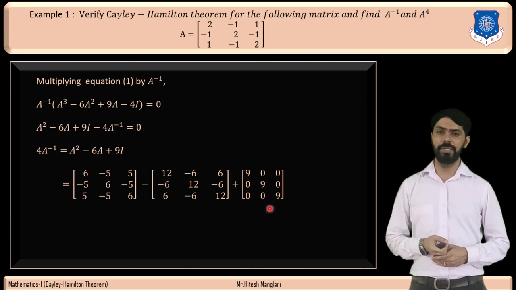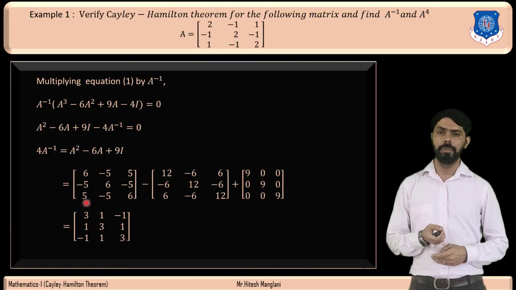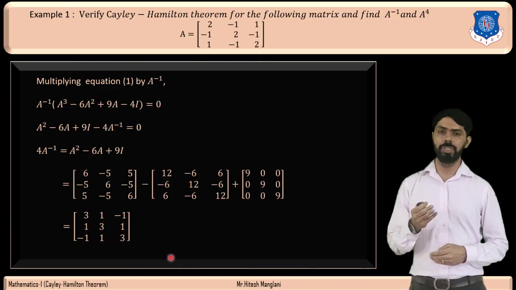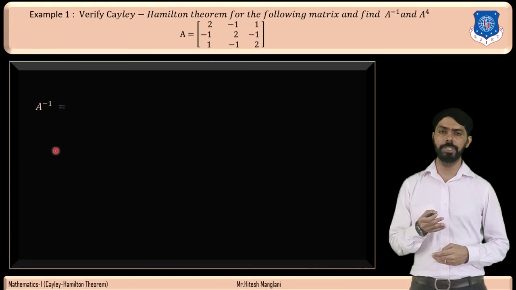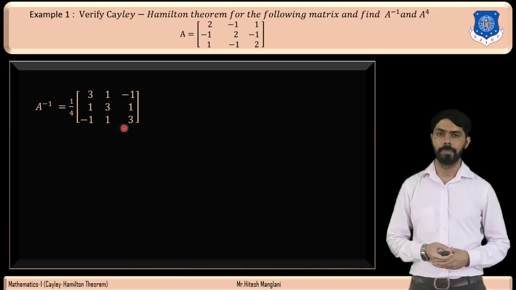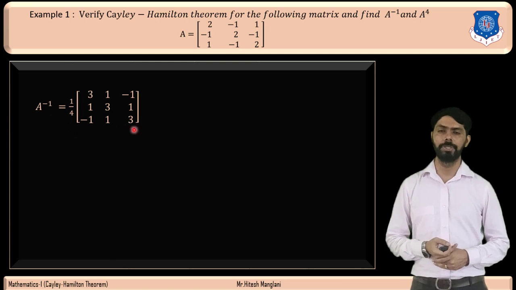Now if we simplify this, then the matrix will be [3, 1, -1; 1, 3, 1; -1, 1, 3]. So this is 4A inverse, but here we will have to find out A inverse. Therefore, A inverse is equal to 1 divided by 4 into [3, 1, -1; 1, 3, 1; -1, 1, 3]. So this is the answer of A inverse.